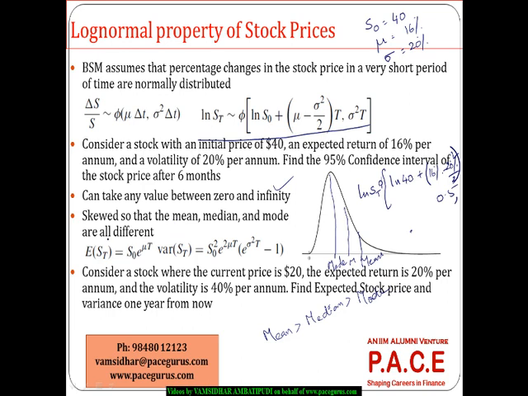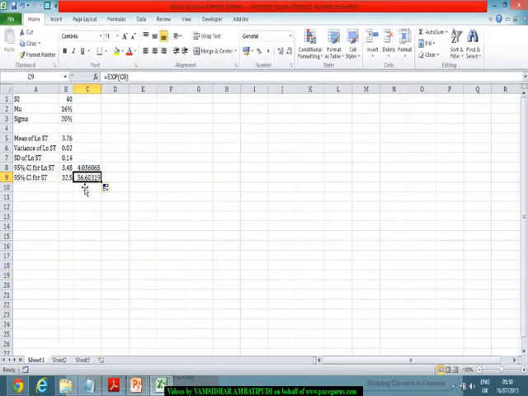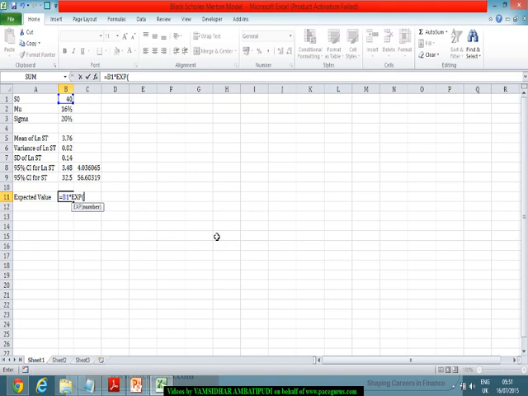And if I am looking at the expected value of ST, it is nothing but S0 times e to the power of mu t.